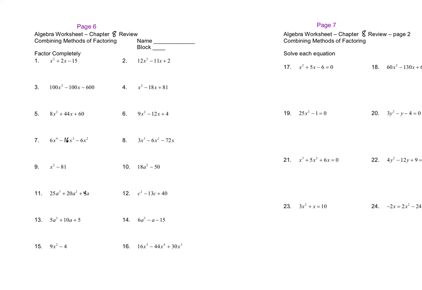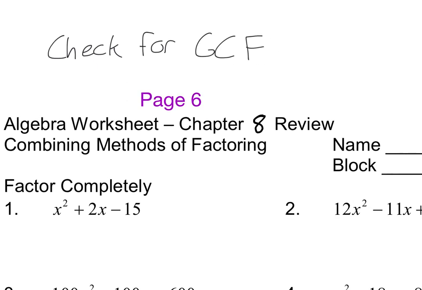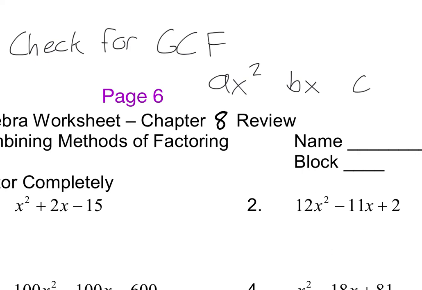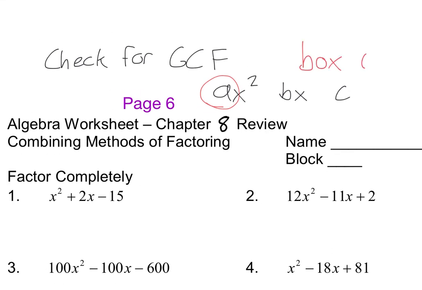So the only thing I want to highlight on this is when to use the box method. The box method comes after you check for a GCF. If you check for a GCF, if you still have a number here that's greater than 1, that's when you need the box method.